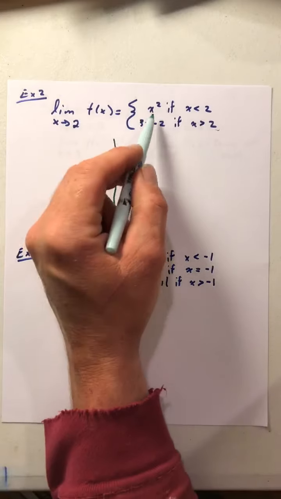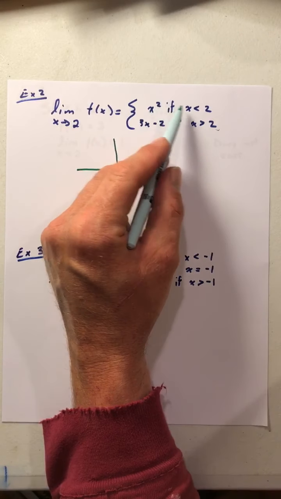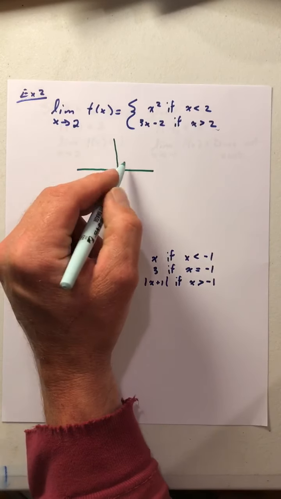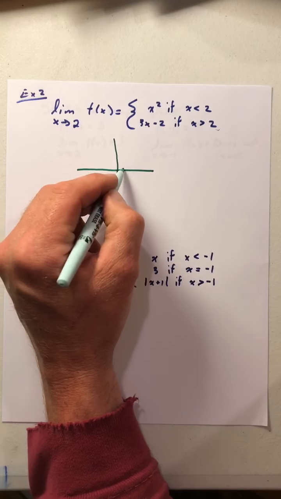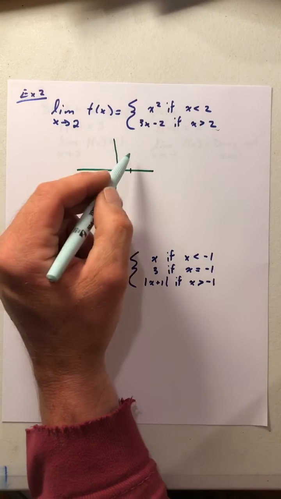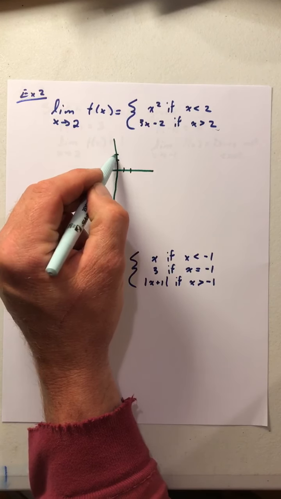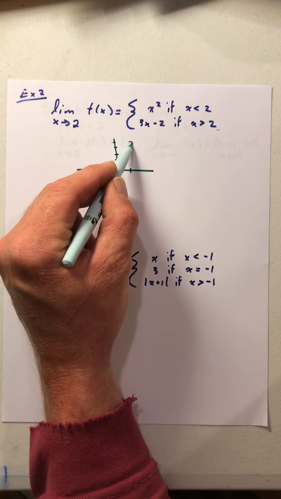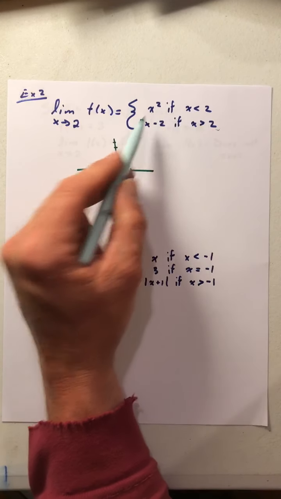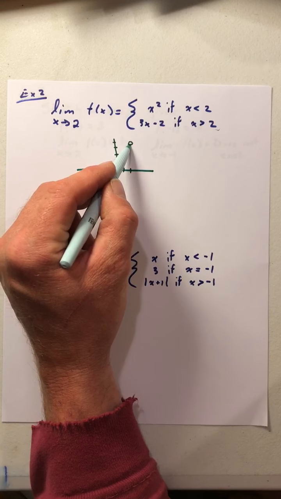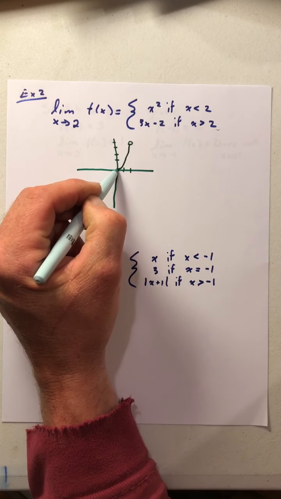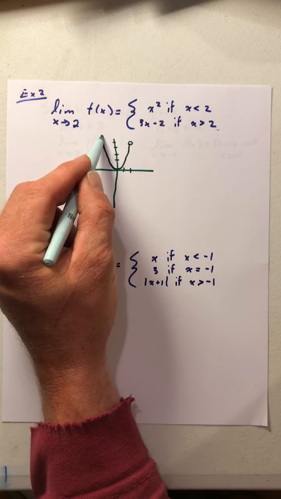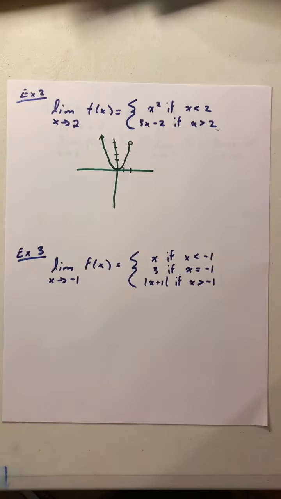So we continue: x squared if x is less than 2. Again, x squared is parabolic. There's our 2 value, and we would be up at about 4 if it were defined. In this case, it's not defined. So we come down, reaching our vertex at 0 and going back up to the left.